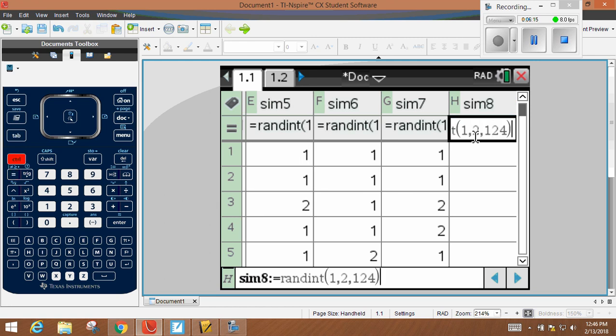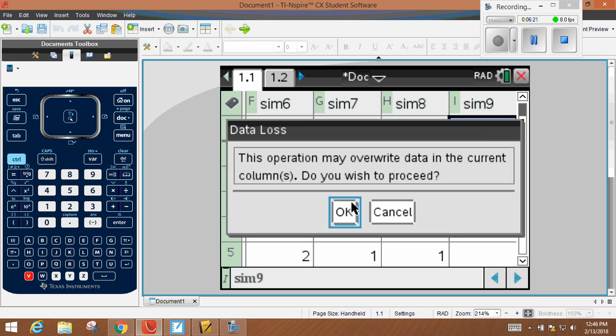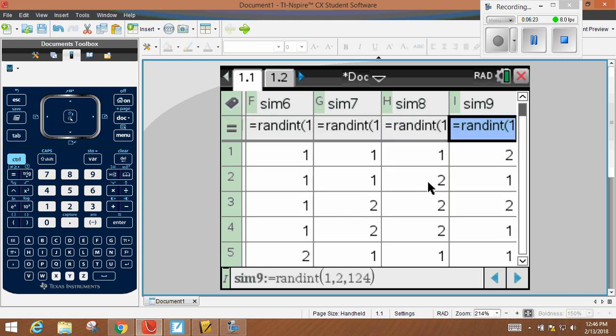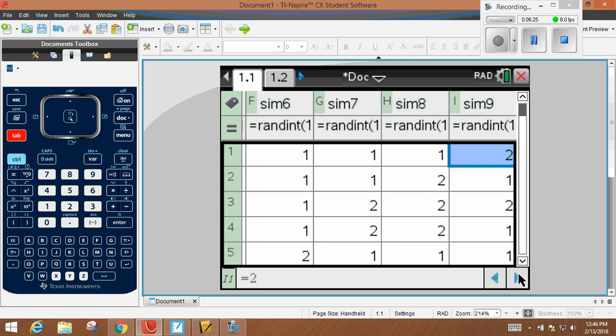Not very exciting, but we're actually doing this kind of a fast way.